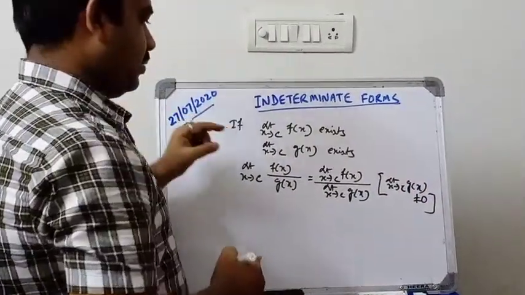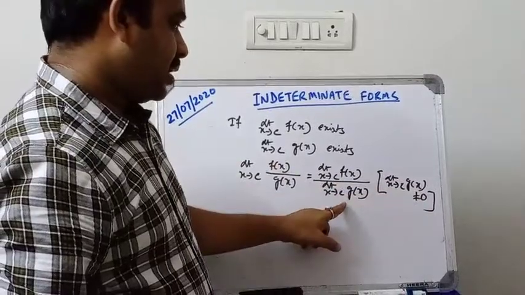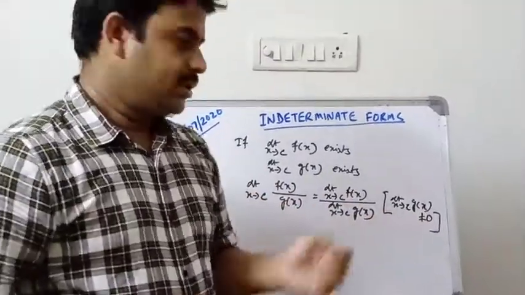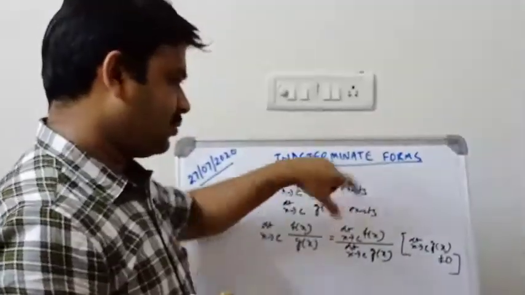Remember this. We can write this when limit x tends to c, g of x, that means the denominator part, is not equal to 0. That part we have done in class 11, and we have done a few sums related to this property.